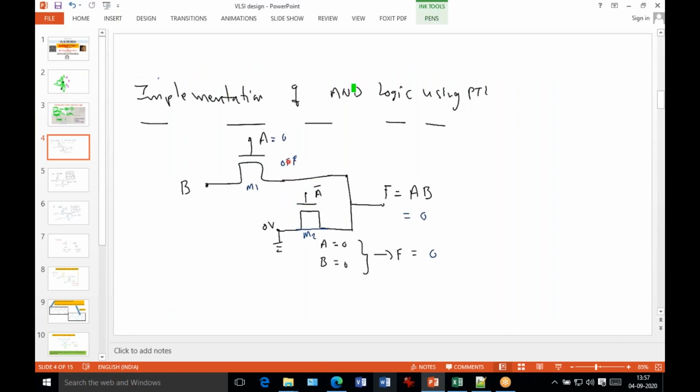Okay, so now we are interested to design the AND circuit using PTL technology, fast transistor logic technology. So here I discussed the AND logic structure.